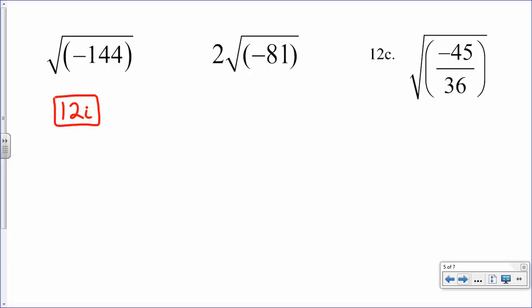So you have a 2 out front. The 2 next to the radical means multiplication, so 2 times the square root of negative 81, which is 9i. And then because the 2 and the 9 are both outside the radical, you can multiply those. So 18i.